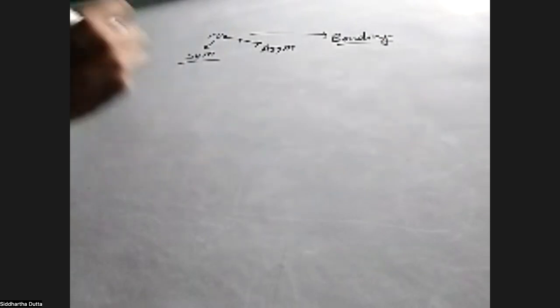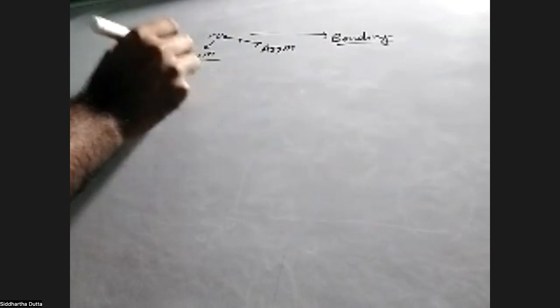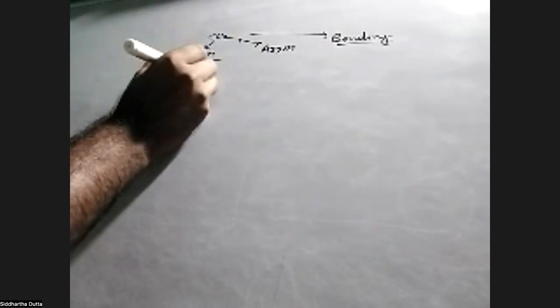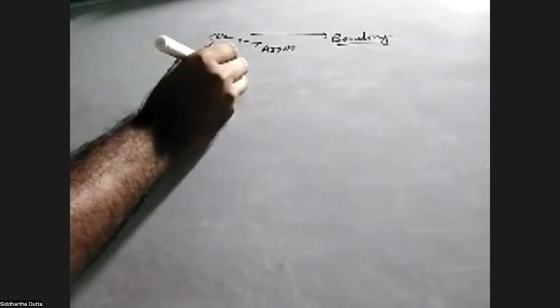So we see that for CO2 there are three types of vibration: symmetric stretch, asymmetric stretch, and bending. For symmetric stretch there is no change in the dipole moment, so this stretching vibration is IR inactive, as there is no change in the dipole moment during vibration.